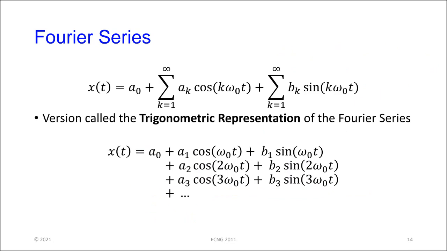So this is called the trigonometric representation of the Fourier series. In other words, we're using normal trigonometric expansions. If you were to expand it, the signal is A0 plus A1 cosine omega and B1 sine omega, then A2 cosine 2 omega and B2 sine 2 omega, and so on, until either the A's or the B's turn out to be zeros. Yes, Sadie, question?